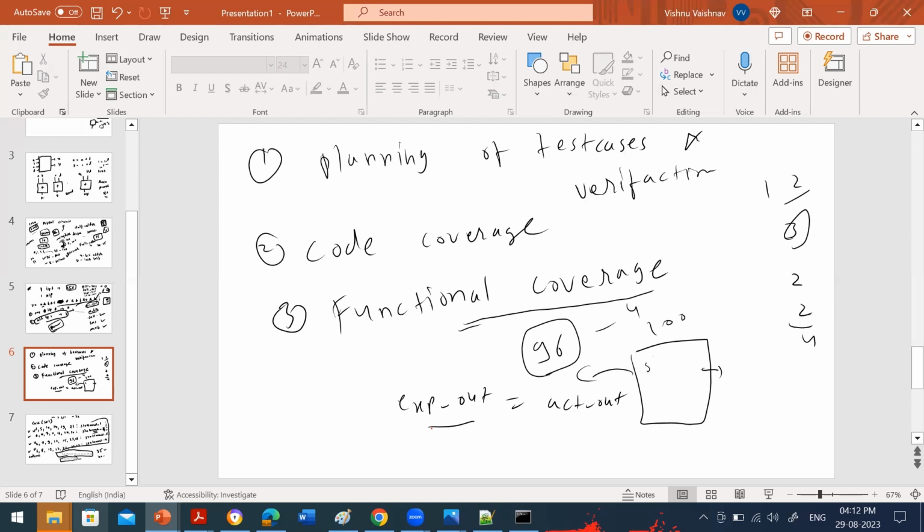When you talk about DV, you don't do it for any particular chip. You do it for the specification. You do it for the RTL you wrote, which will convert into chips, multiple chips. So DV is only for functionality of a particular RTL, whereas DFT is for each and every chip.